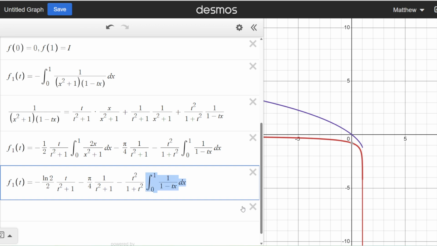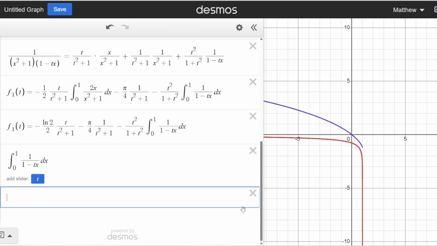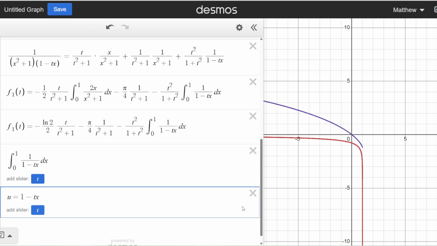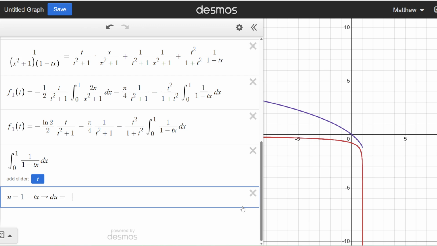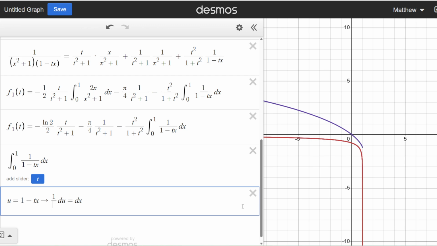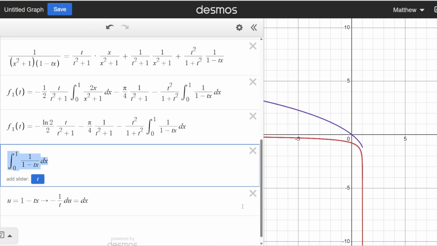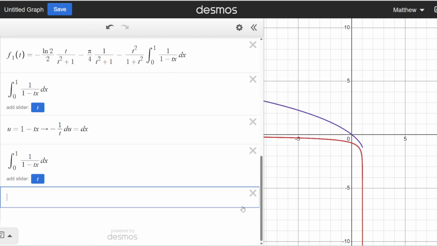Now for this one, we are going to let u equal 1 minus tx. Yeah. All right. Implying du is equal to negative t dx. All right. So negative 1 over t du is dx. All right, let's change our bounds.